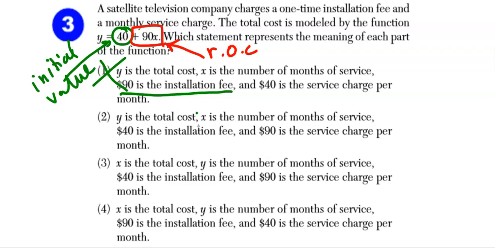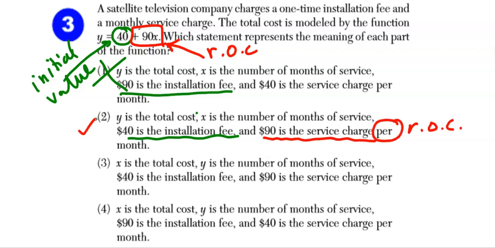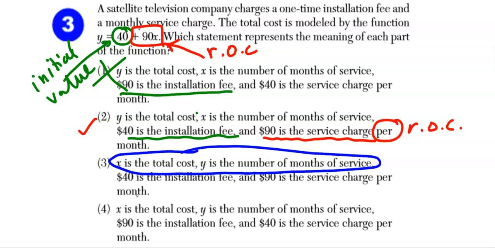Y is the total cost, X is the number of months of service, 40 is the installation fee, yes, and 90 is the service charge per month. Very good. So we know that this one is probably correct, but you might notice that the initial statement here is different.